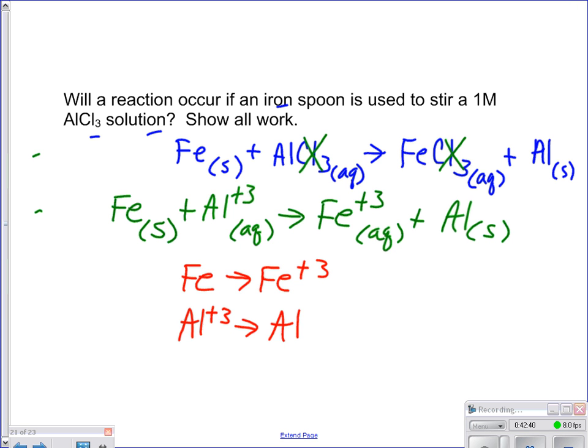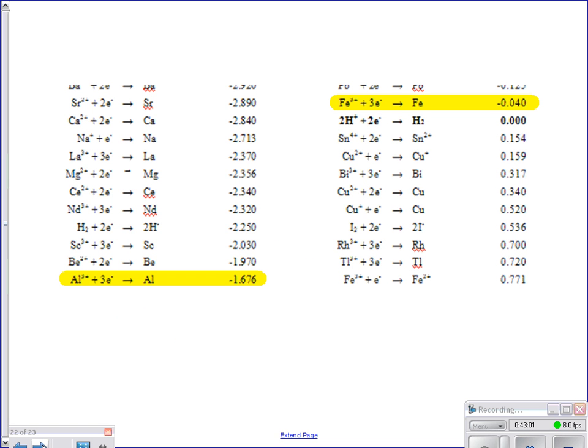You guys know what to do there? 3 electrons there, 3 electrons there. Oh, that means this guy's being oxidized, this guy's being reduced. Then we just go and we peek at our reduction potential table. Reduction is your aluminum. So your aluminum, you're going to keep it just the way you see it.